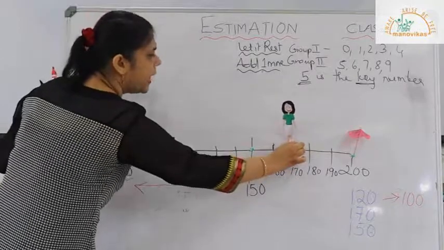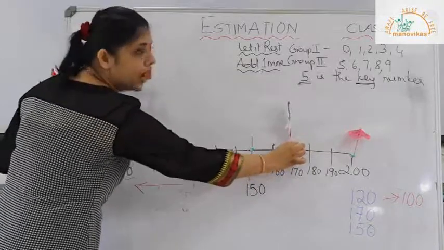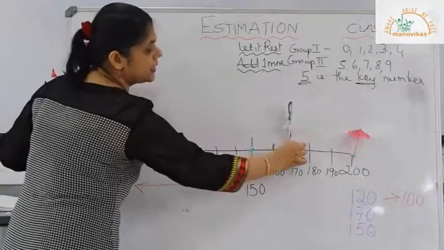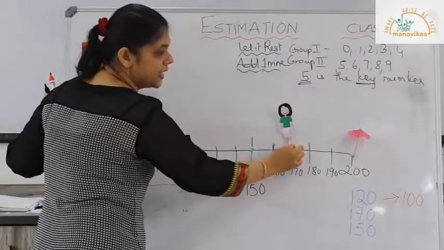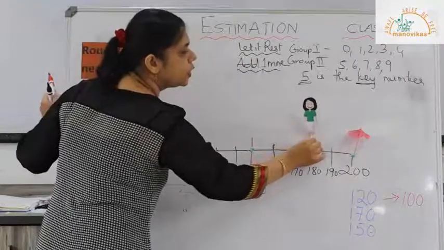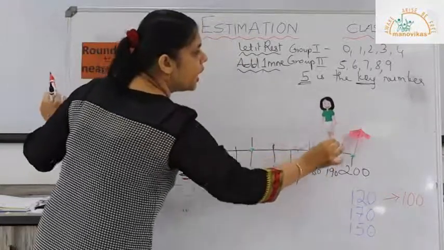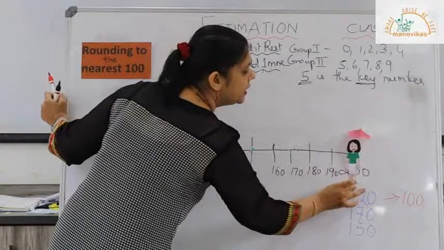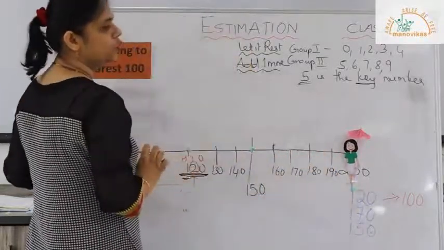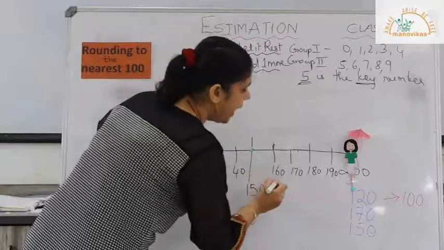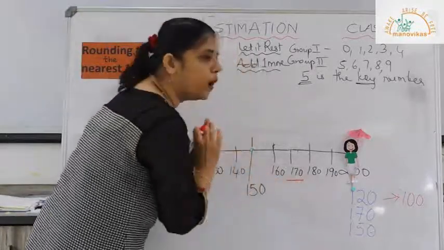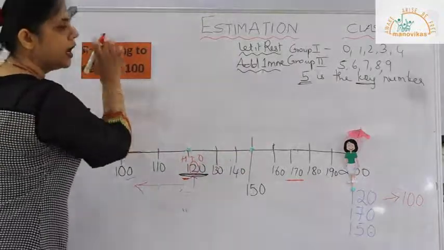She finds an umbrella open at number 100 as well as on 200. Now, Tina finds this time 200 is closer to her, so she runs and stands under this umbrella number 200. So, in this case now again, we have to round up number 170 to its nearest 100.